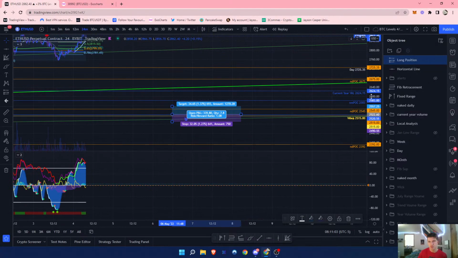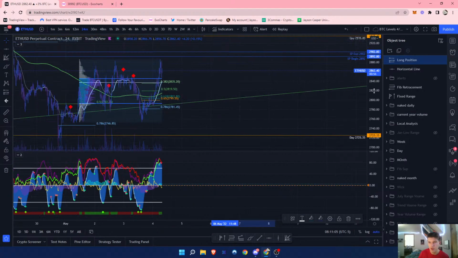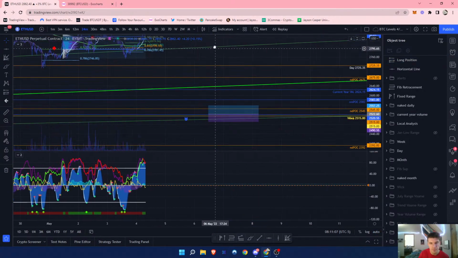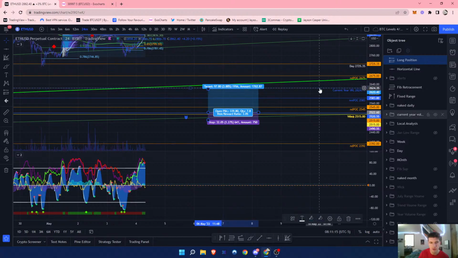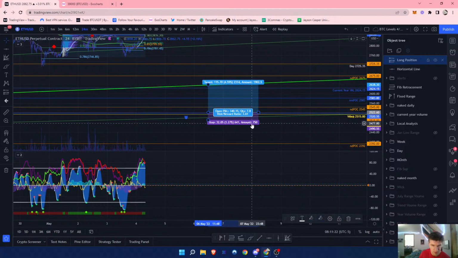Not the biggest position size you want to have because of the stop loss, but a very good risk to reward ratio. You could probably aim for at least a take profit at the year value area low, or even this trend line. Again, a pretty good 3.6 risk to reward.